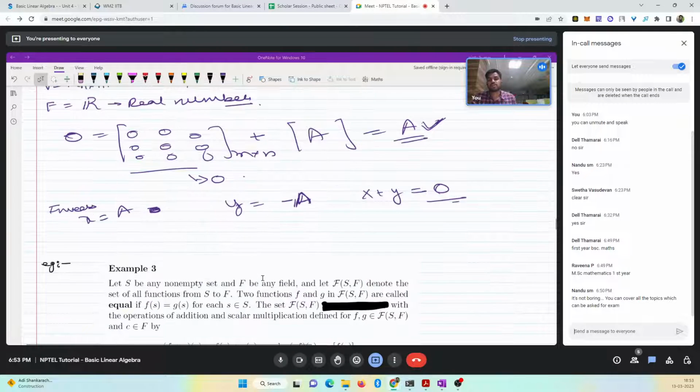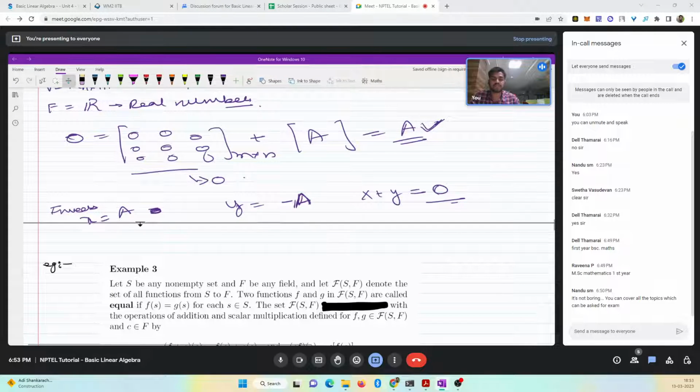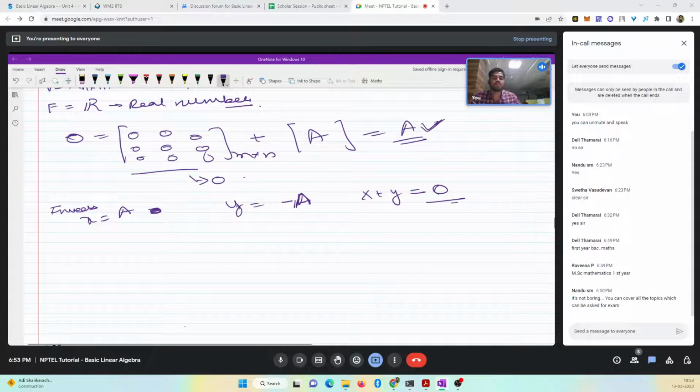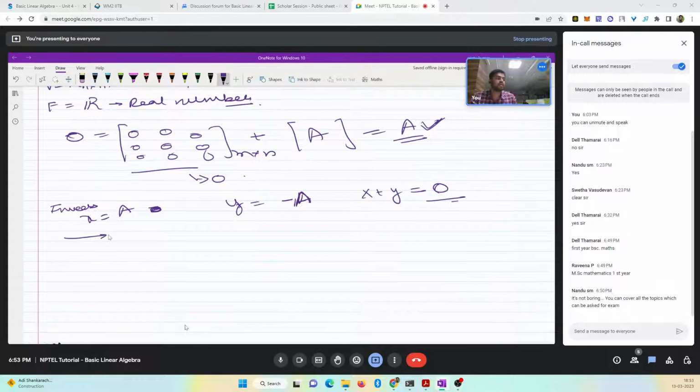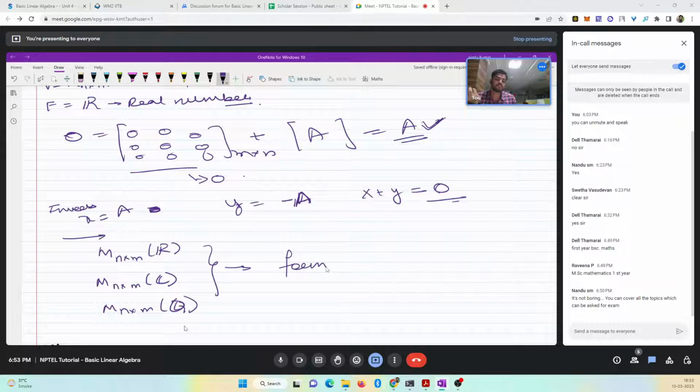Just for your information, if you have the set of matrices of a fixed size over rational numbers, or even over complex numbers, then it forms a vector space. So M n cross m over the set of real numbers, again over the set of complex numbers, and also over the set of rational numbers, these form a vector space.